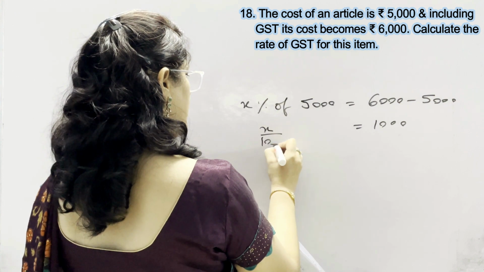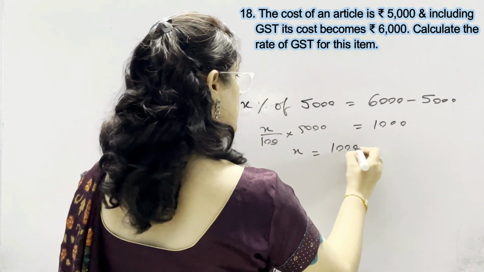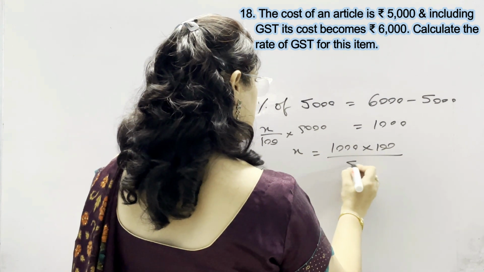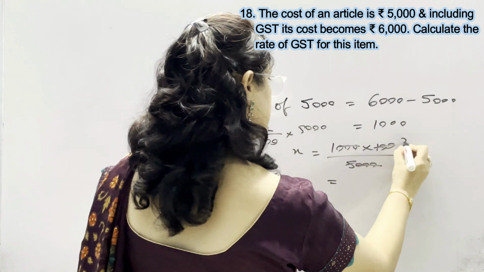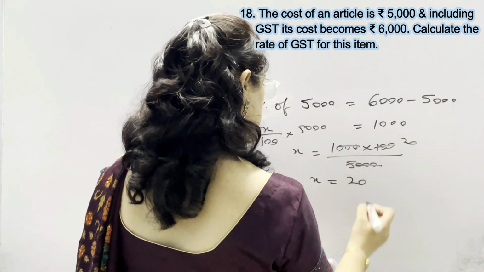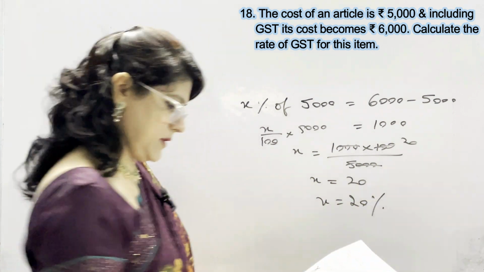So X upon 100 into 5000, X is equal to 1000 into 100 upon 5000. So rate of GST is 20. So it means X is equal to 20%.